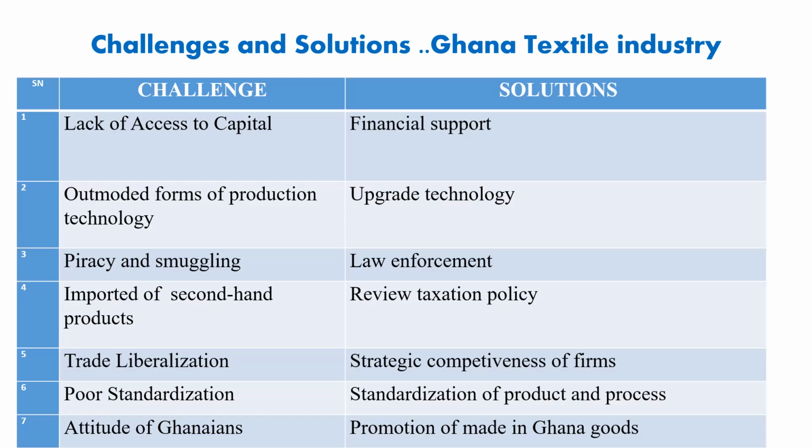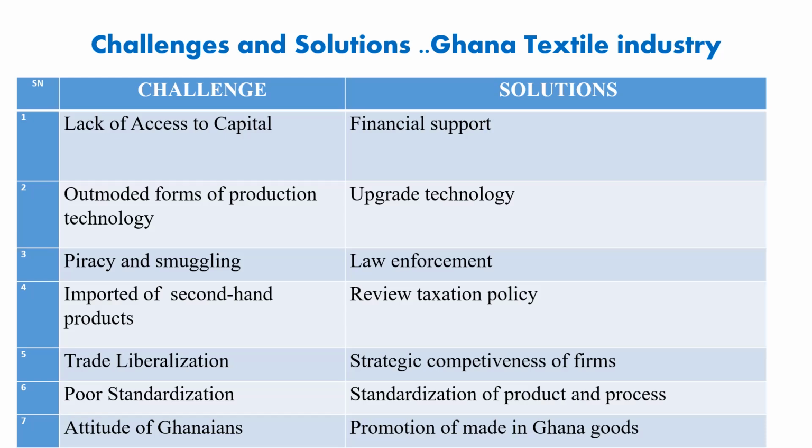Akosombo Textiles, now Akosombo Industrial Company Limited, is now looking for an investor. The only textile industries which we can boast of are GTP and Prentice. Now our textile industries are nothing to write home about.